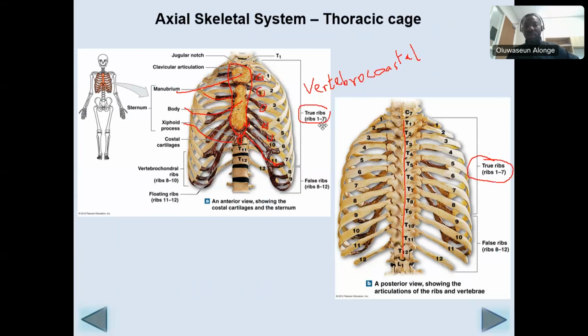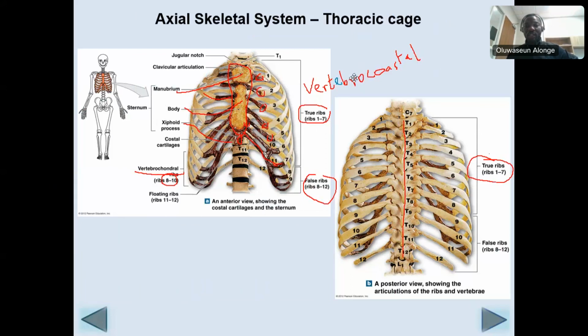Now, ribs 8 to 12 are called false ribs. Ribs 8 to 10 in particular we call vertebrochondral ribs. All right, 8 to 12, false ribs; 1 to 7, true ribs.